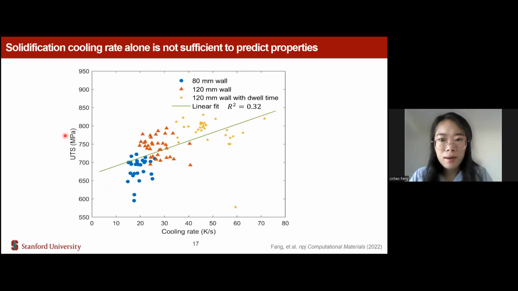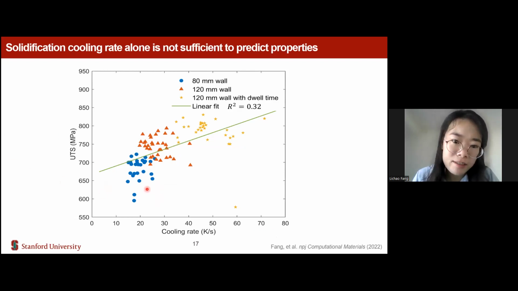In order to analyze the correlation between the cooling rate and the UTS, we compare the data for the other locations and from different samples. The different marks in this figure show the different cases, while each data point is from a different location, measured from the experiment and also from the simulation.